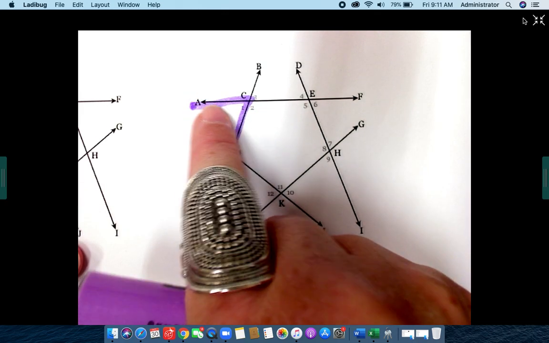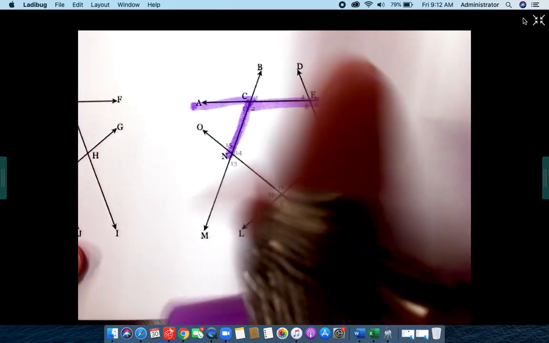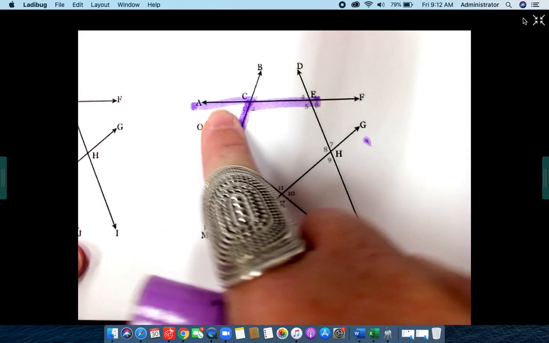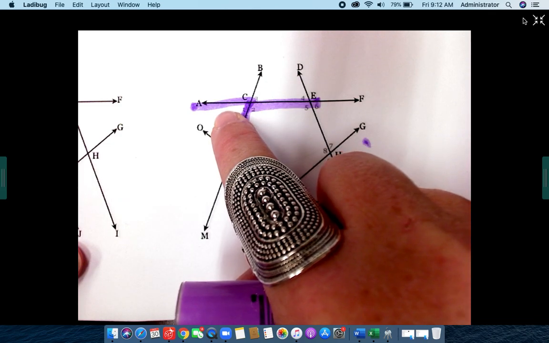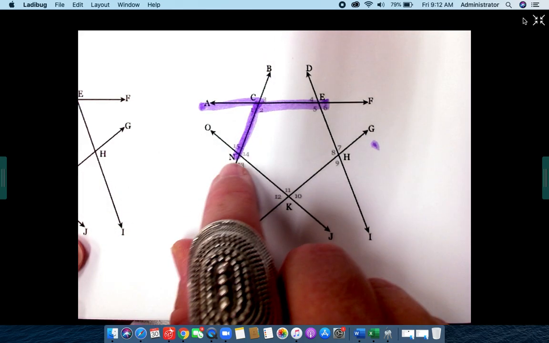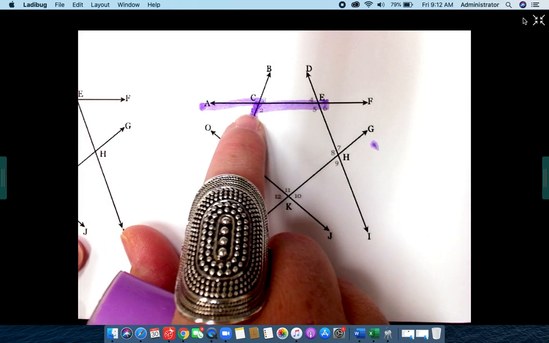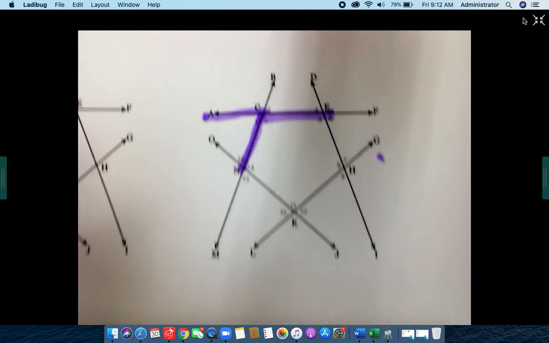So we need to choose the number that is next to. So that would be this one here, which is 2. So 1 is next to 2. Not 3, because 3 is vertical to number 1. So if they ask me what angle is adjacent to NCA, I'm going to go, oh, that's angle 1. The one next to it is angle 2. Okay?